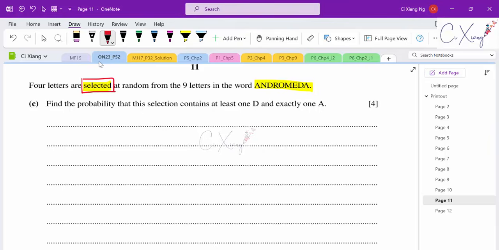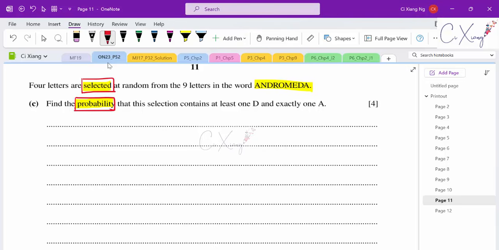There's no more n factorial, r factorial, all those things, but mainly they are about nCr or nC something. So you want to select 4 letters. Then find the probability that this selection contains at least 1D and exactly 1A. I want you to highlight the keyword probability.